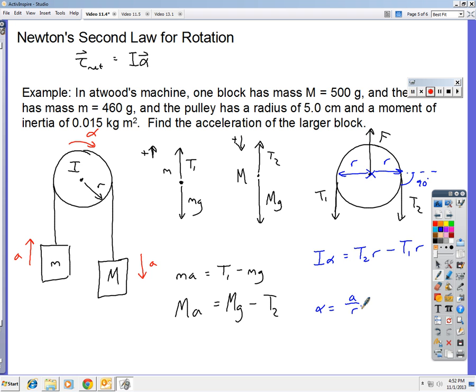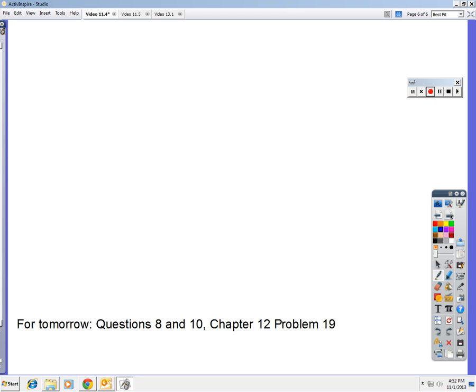And so now we'll remember all those equations. We'll go to another slide because I'm running out of room. And the equations that I have are little ma equals T1 minus little mg, big MA equals big Mg minus T2, and I A over R equals T2R minus T1R.